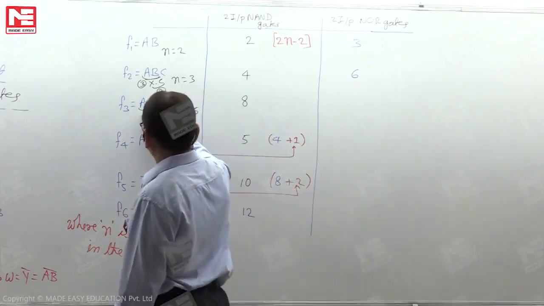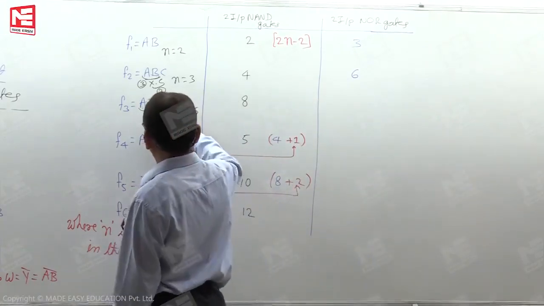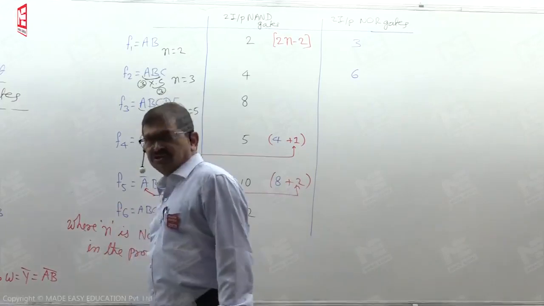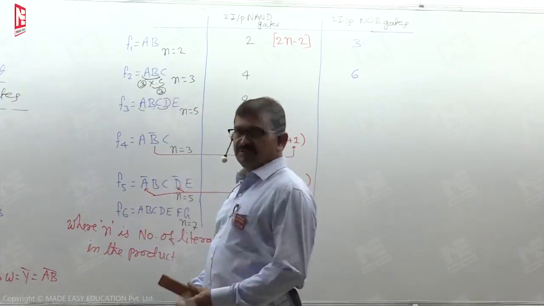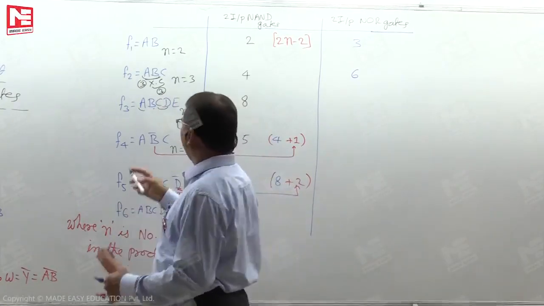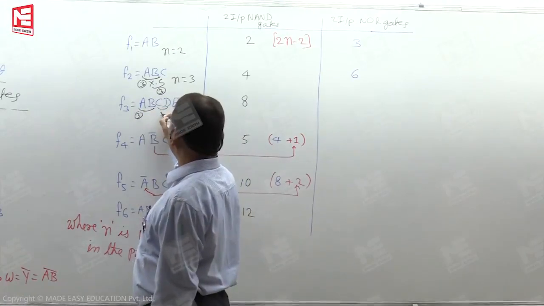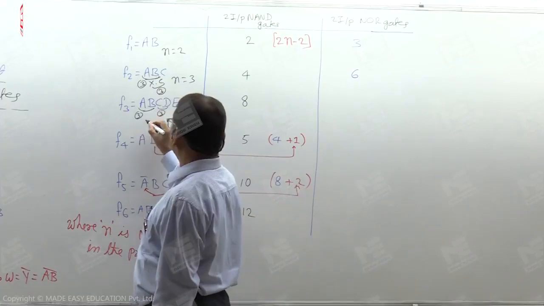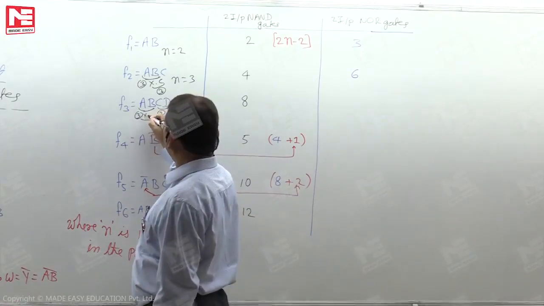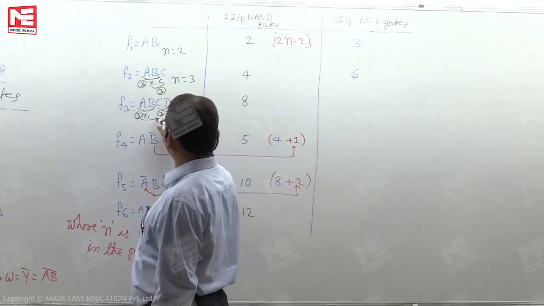Similarly, if the product is on 5 variables A, B, C, D, and E, for AB purpose, 3 gates. For CD purpose, 3 gates. While naming, it is X1 and X2.